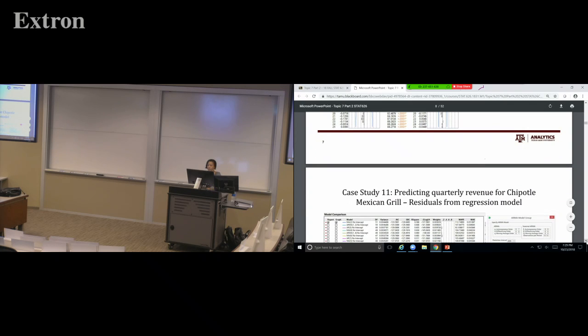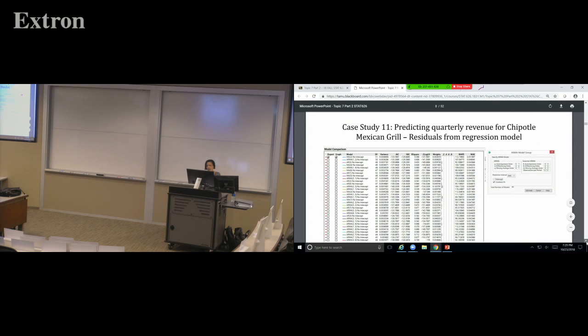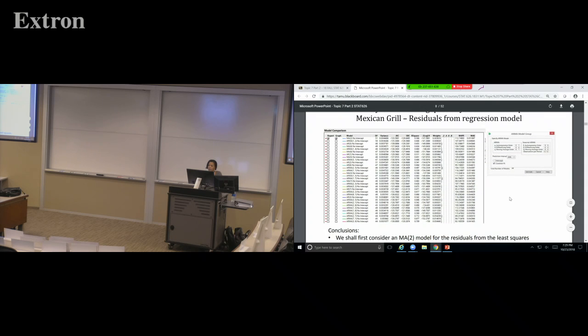If you do an ARIMA model group in JMP, and I did it here, the model that we should probably consider first, because it has the smallest AIC, is a moving average 2. I applied a moving average 2 fit to my residuals in JMP.